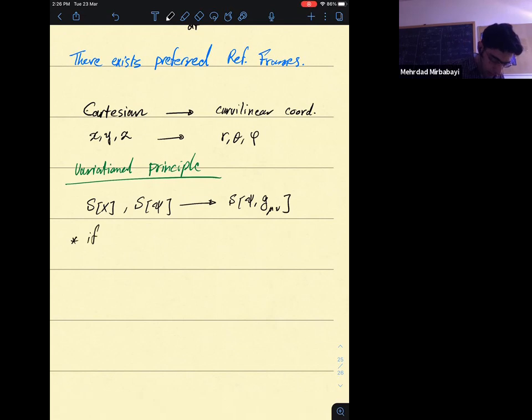So if g mu nu is eta mu nu, if we go back to the preferred Lorentz frames, then the action reduces to the original one. Now I'm considering a particular example of a relativistic theory, but similar statements can be made also in the non-relativistic case.